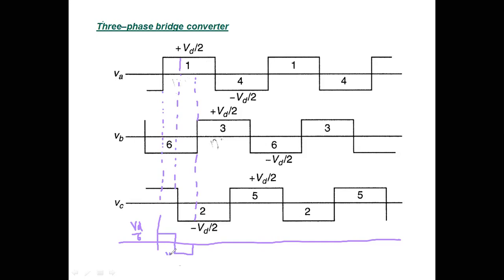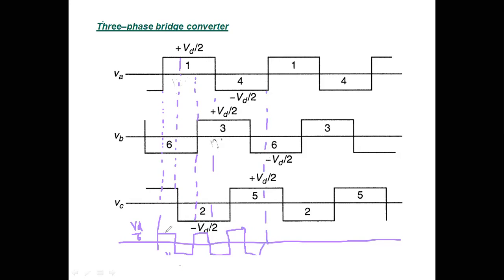Similarly, up to this portion, you will get again plus Vd by 2, and after that minus Vd by 2, and then again here plus Vd by 2, and then from this one minus Vd by 2, up to this one cycle you are considering.